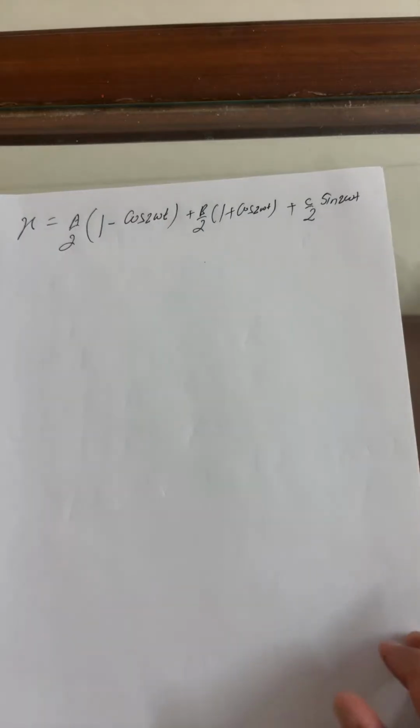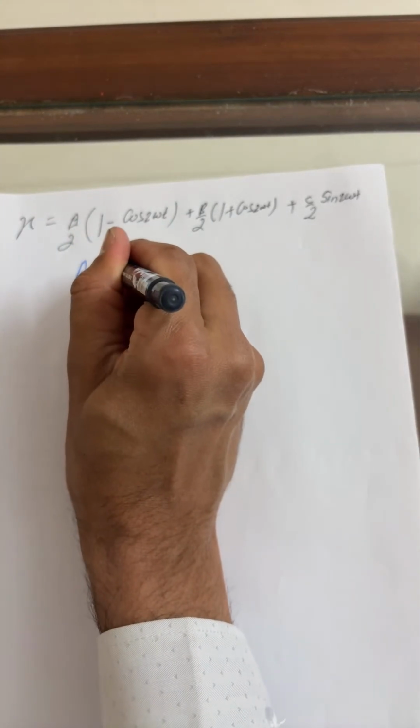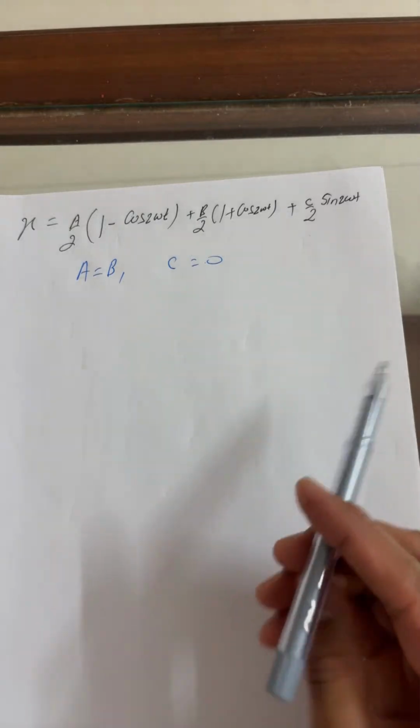Right now? Okay. Take into consideration here A is equal to B and C is equal to 0. Yes, oscillation.